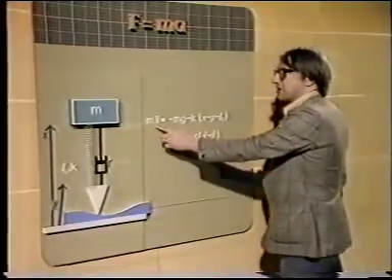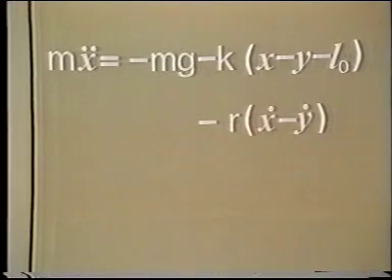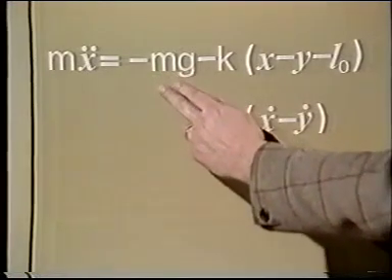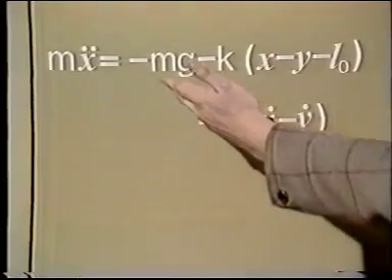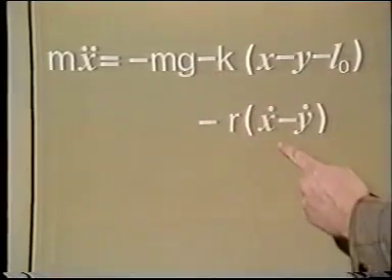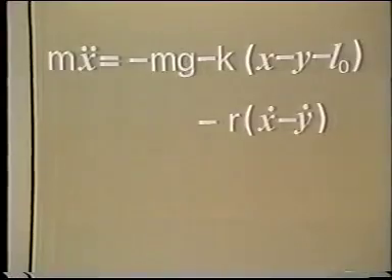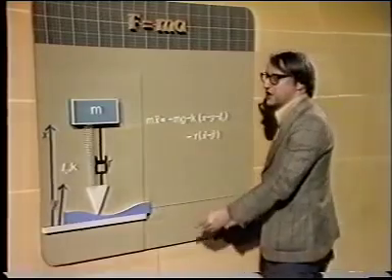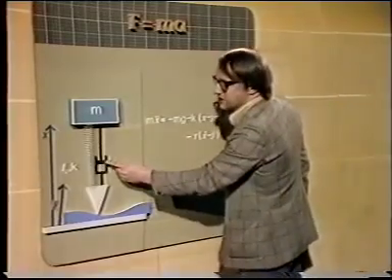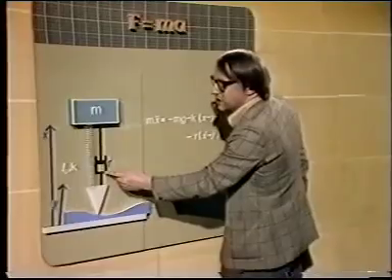The mass times the acceleration is equal to the total force, which has a contribution from gravity, from the spring, and from the dashpot. Now, that's very much what we've seen before, but you find a new expression for the force due to the dashpot. It involves the relative velocity x dot minus y dot, the velocity which this piston is moving with respect to the pot.